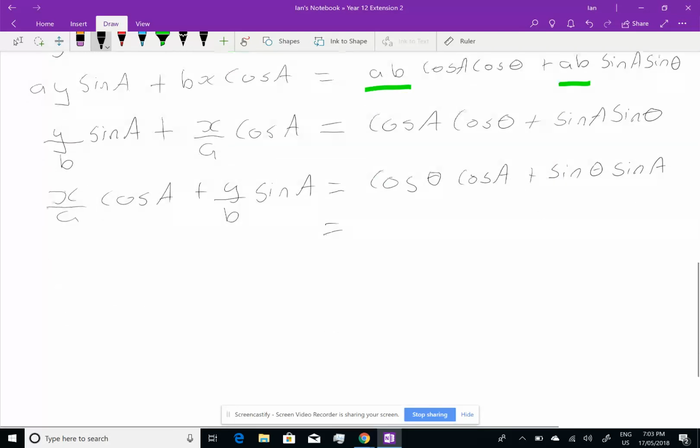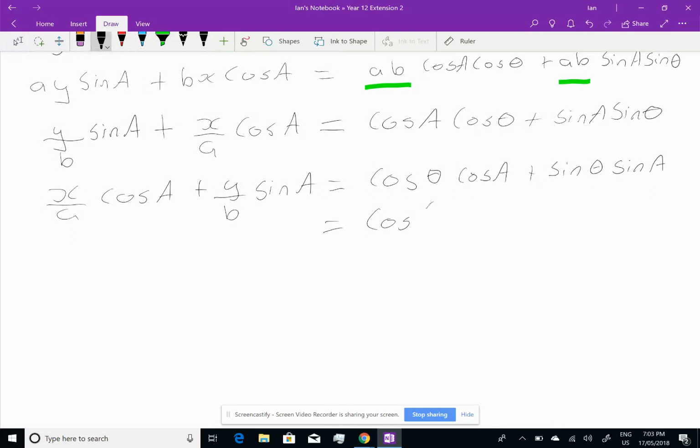So now I know that cos of theta minus A is equal to all that. But I also know that A equals theta plus phi on 2. So I'll put that in. So I get equals cos of theta minus, I don't need the parentheses there because it's on a fraction, theta plus phi on 2.